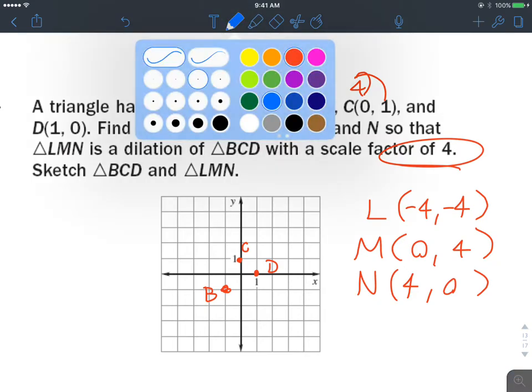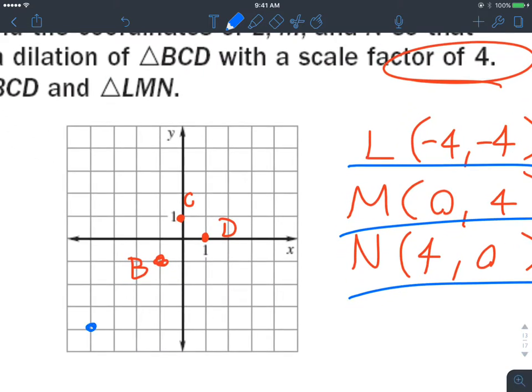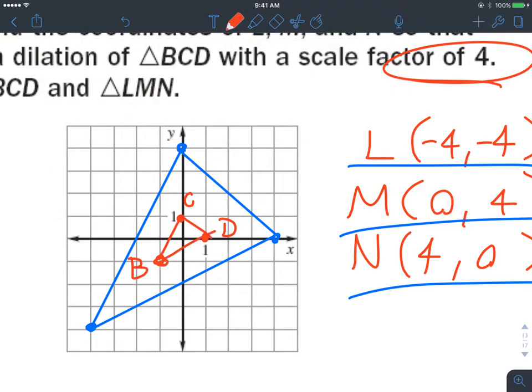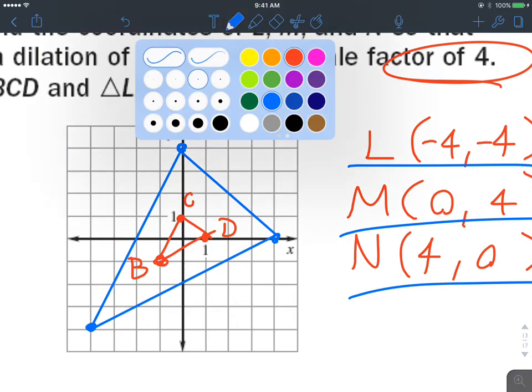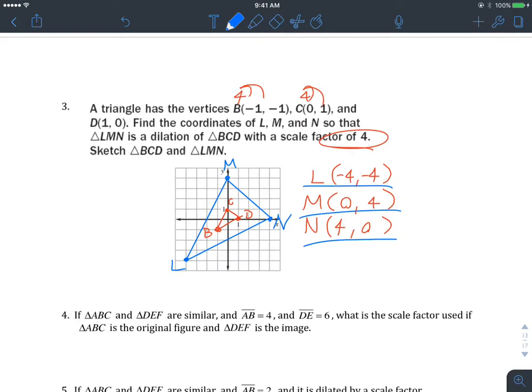Let's do those in blue. -4, -4, 0, 4, 4, 0. Should be a dilation there, with the center of dilation being the middle, the origin. So yep, there's your points. Go back and label them. You had L, M, N. There's a dilation, so the scale factor of 4.